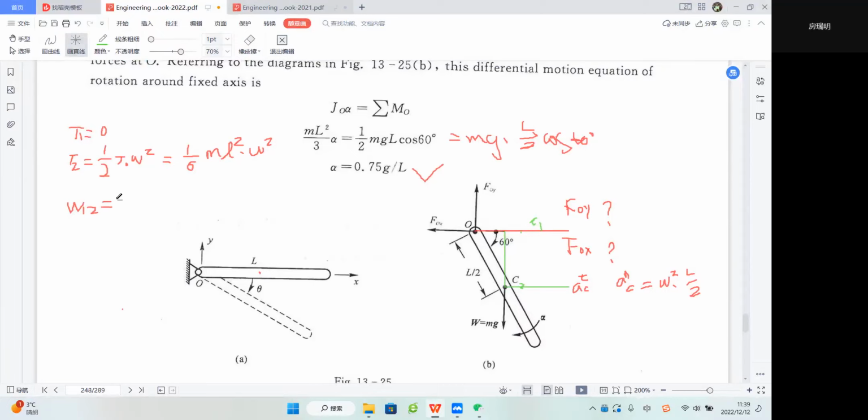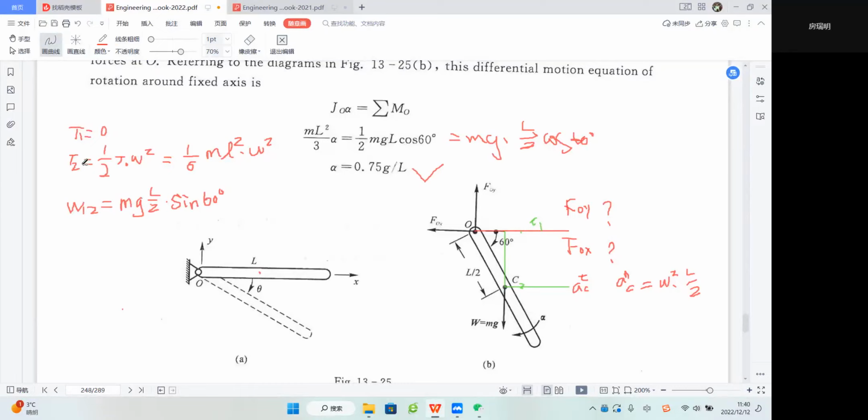So the work W12 will be mg times s, where s will be half L times sine 60.